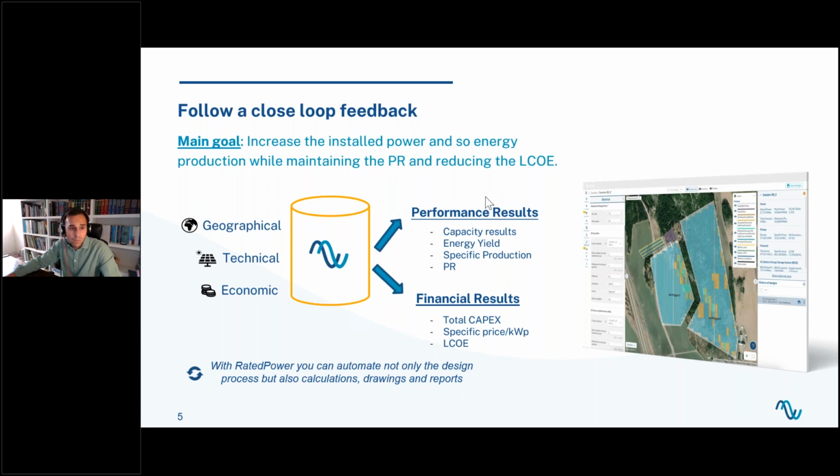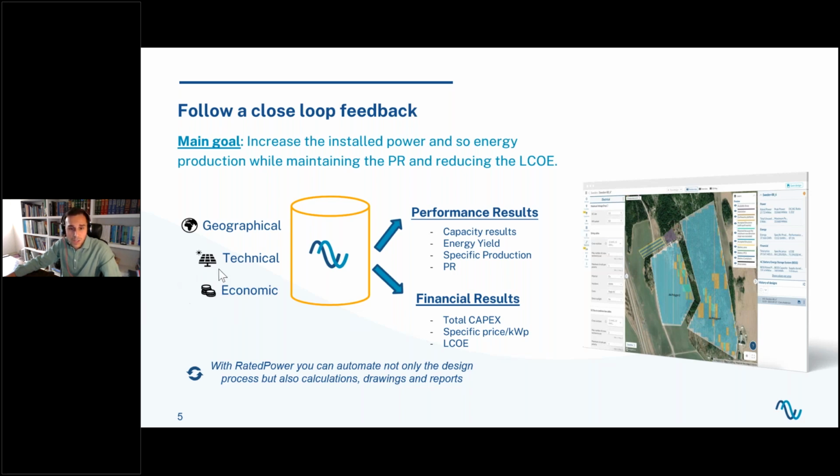We do so by introducing a set of inputs into the software, which could be geographical, for example the topography, the site, the location, and so on; technical, like the modules, structures, different string configurations, inverters, and so on; and economical, where we provide the user with different templates for the CapEx sheets and the CapEx calculation.